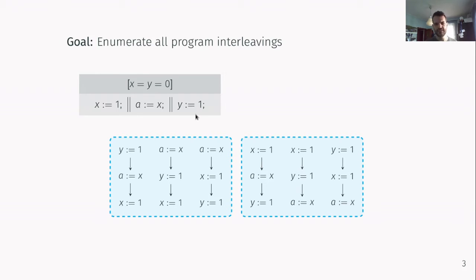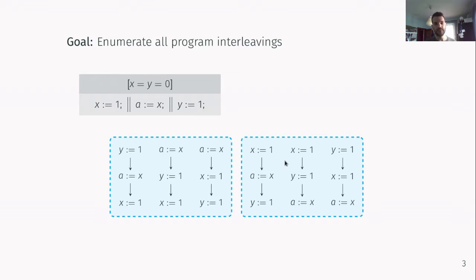In some sense, this write to y is irrelevant to the program, as the only thing that matters is whether this read of x is executed before the write to x or vice versa. So if we have these equivalence classes for the interleavings of a program, then instead of enumerating all of the program's interleavings, we can verify it just by enumerating one interleaving from the first equivalence class and then one interleaving from the second equivalence class.